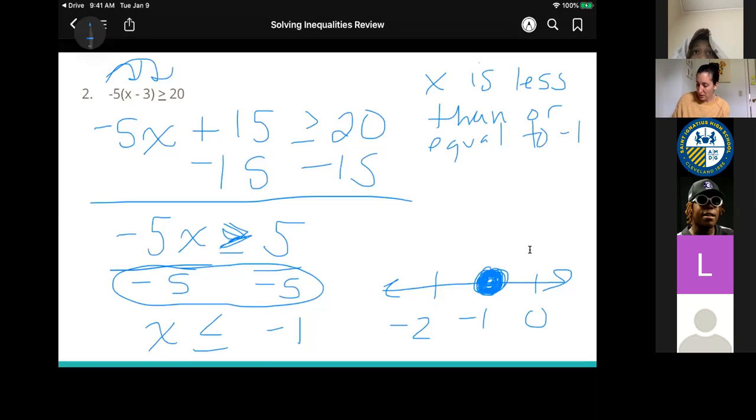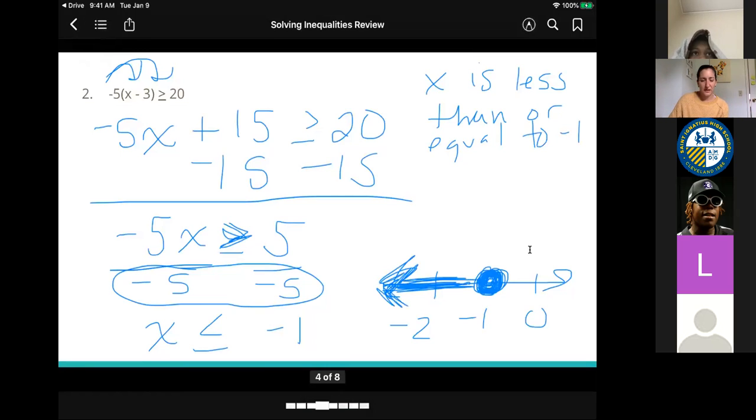Oh wait, would you go the other way? Yeah, I'm going to go the other way. Yep, I'm going to go towards -2. So x is less than, -2 is less than, -3 is less than, and so on. Does anyone want to ask anything about this one before we do the last one?